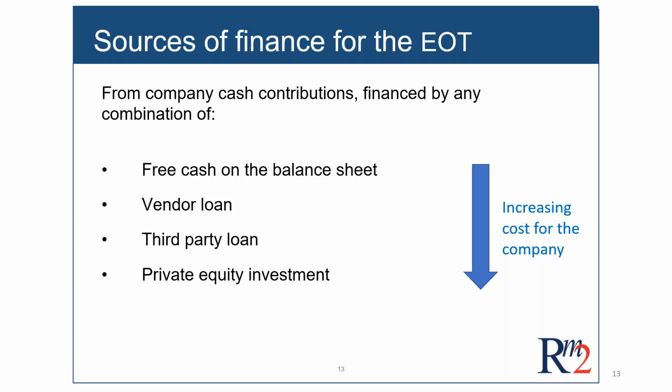In fact, the top one is a spectacularly good benefit, given that you can use this as a capital payment and get 100% CGT relief. So you can take free cash on the balance sheet, i.e. cash which is not needed for the operational running of the business, and distribute that immediately the EOT transaction takes place, and there will be no CGT to pay on that.